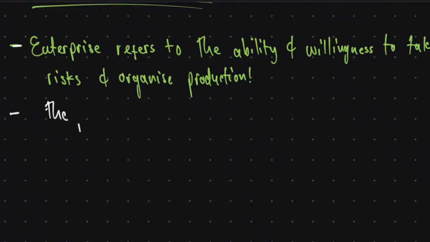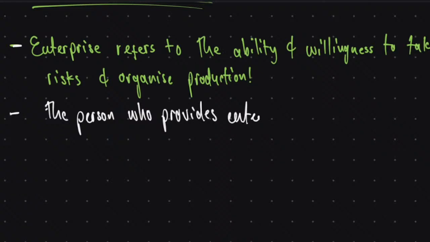Are we together? Ability comes from having money. So the person who provides enterprise is called an entrepreneur. An entrepreneur.